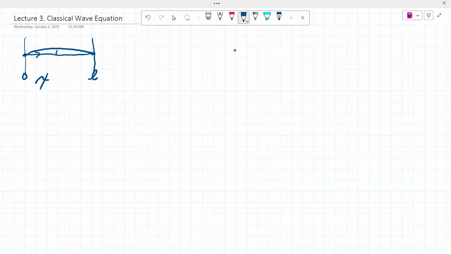But anyways, this is the basic idea, that there is some height here, right? Some displacement. And so u of x and t is describing that displacement. So our scenario here is we have a vibrating string fixed at endpoints 0 and L.